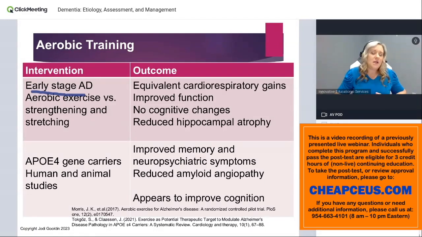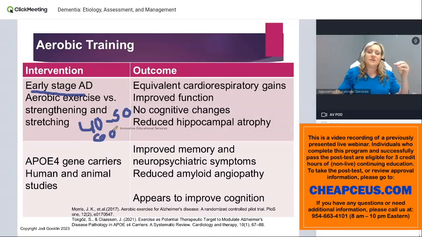The goal was for them to do 60 minutes of exercise the first week, increasing up to 150 minutes. The target heart rate range started at 40 to 50 percent, and then increased the person eventually to working at 60 to 75% of their max heart rate.